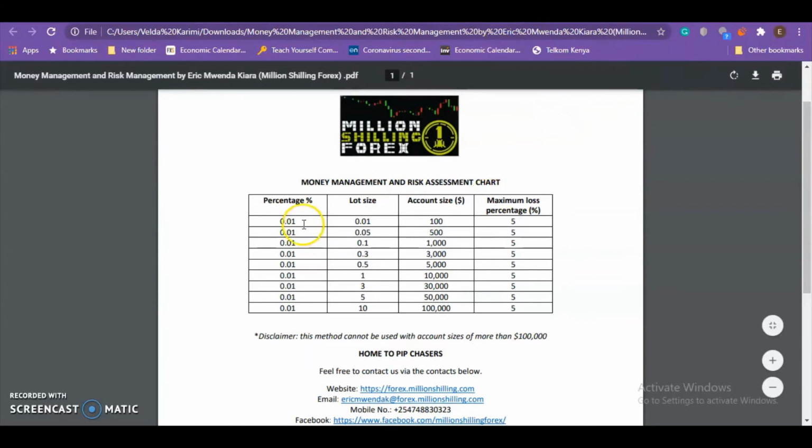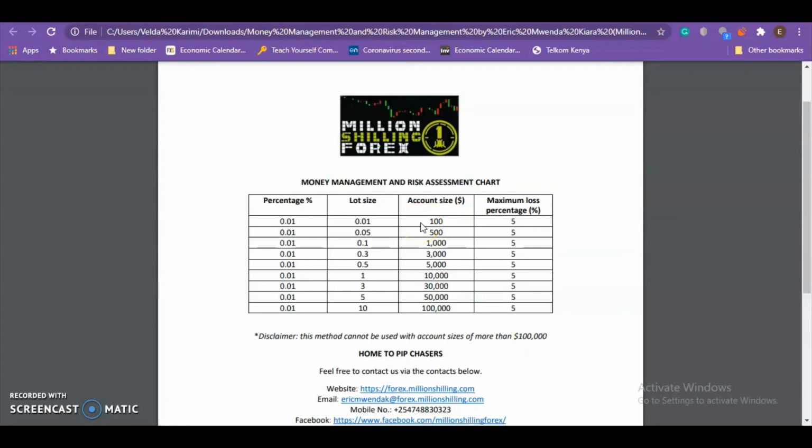Yeah. So you can see here an account size of $100. The maximum lot size you should use is actually 0.01. Only one trade of 0.01. And the allowable loss you should commit yourself to, I've written here 5%, but you can stretch it to between 5 and 10%.